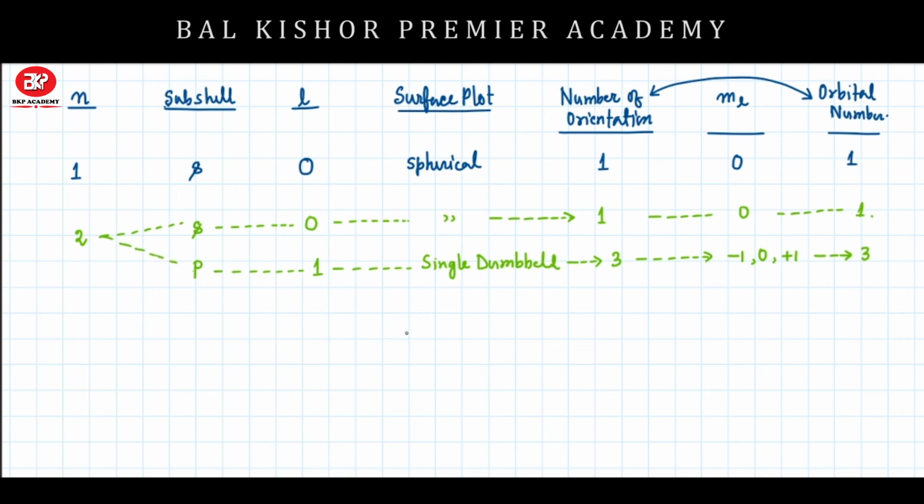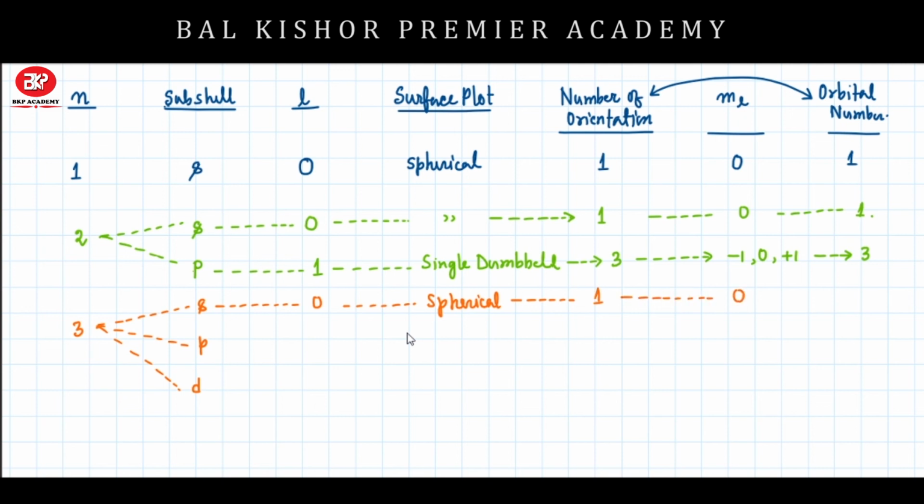Now let us take the third one. In the third energy level we have three subshells, S, P, and D. For the S subshell it will be similar: spherical, and the number of orientations will be 1.